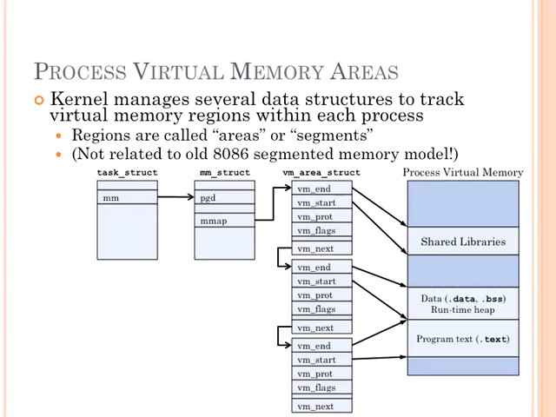And so, especially if you have something like Linux that tries to support a lot of different hardware, we have to keep additional information so that we can handle differences in hardware, but also so that we can just be clever and do some really cool stuff. So this is now going to be talking a little bit about what the kernel stores. Like I say here, we have data structures that basically track the virtual memory regions that have been allocated to a process. This is separate from the page table stuff.